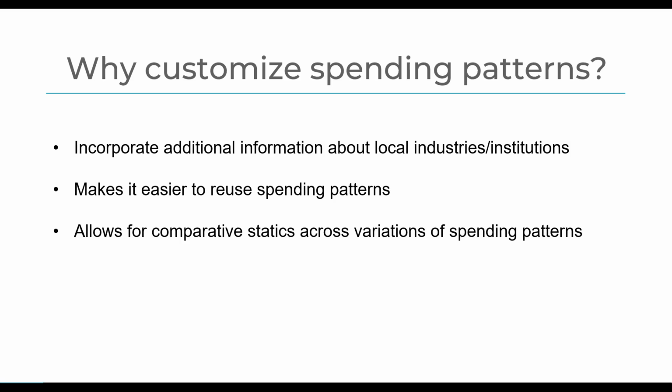Within IMPLAN, these are known as intermediate expenditures or intermediate inputs, and that's defined by the BEA as goods and services that are used in the production process of other goods and services and are not sold in final demand markets.